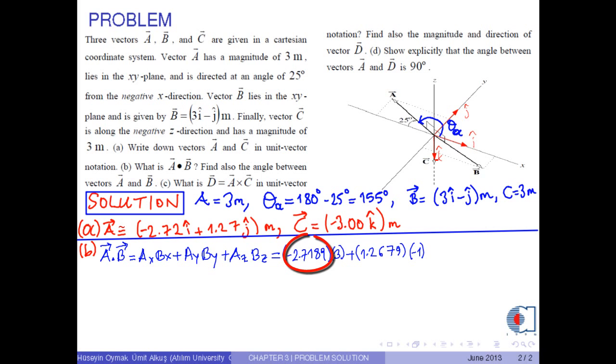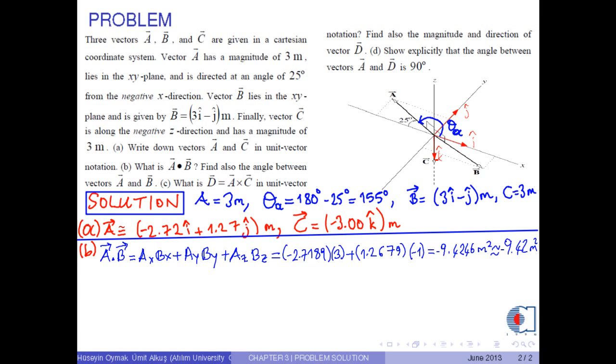Note that in this calculation, we use the mid result for A, that is, 5 significant numbers. Therefore, we obtain negative 9.4246 meters squared, which is the 5 significant figure mid result. And the final result is approximately negative 9.42 meters squared.